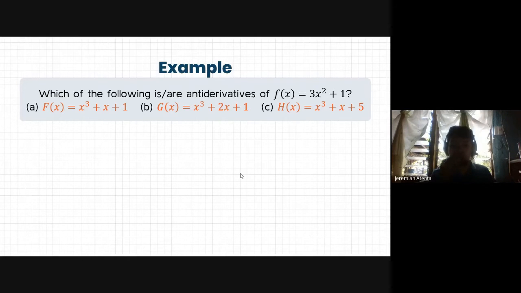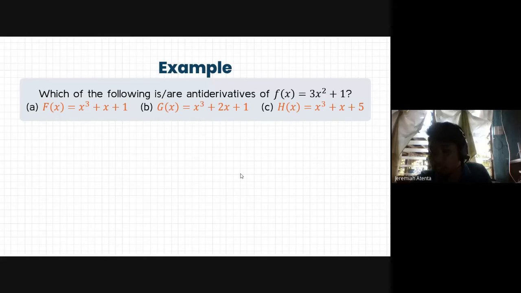From the question, you can have at least one answer. So what do you think? We have answers here, A and C.